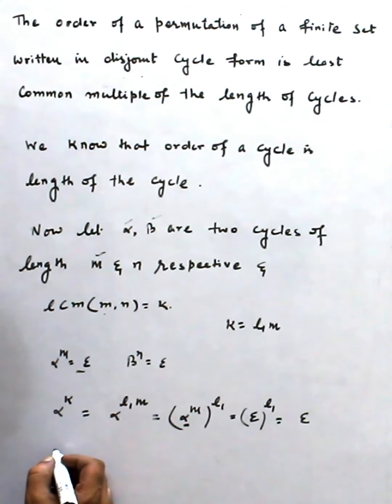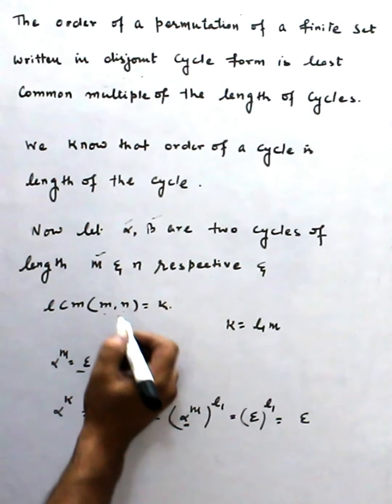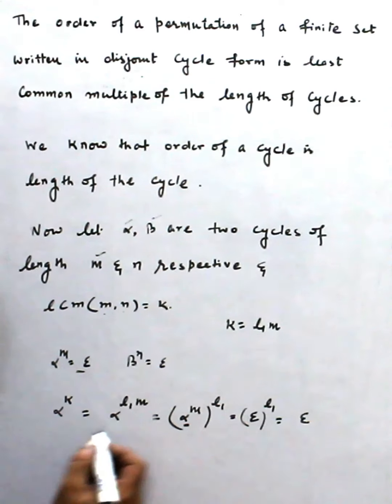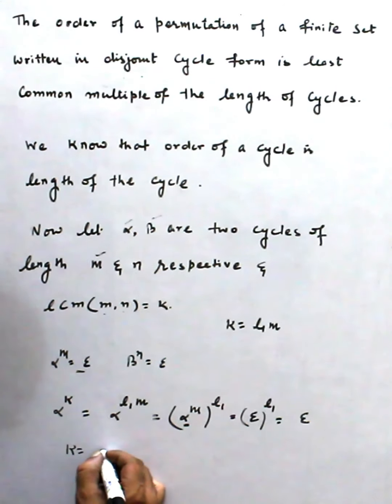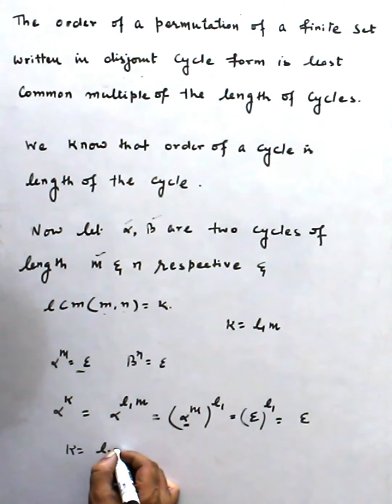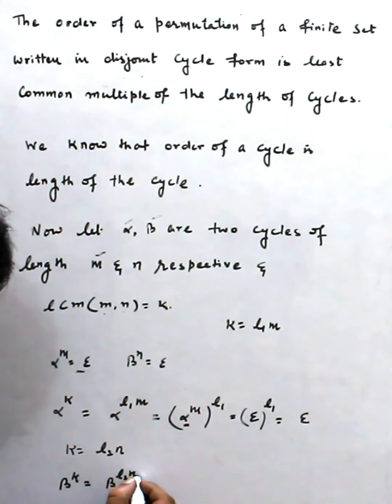Now same case, because k is the LCM of m and n, k will be like L2n, and same thing we can say beta raised to k is equal to beta raised to L2n.